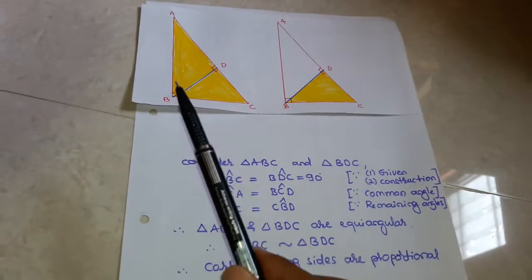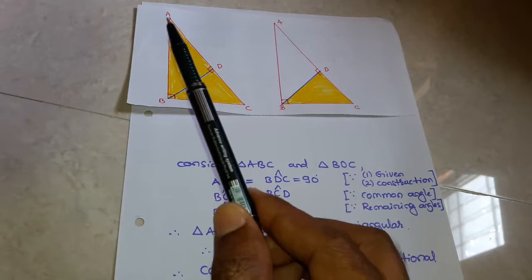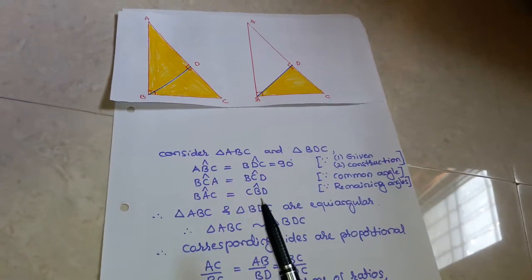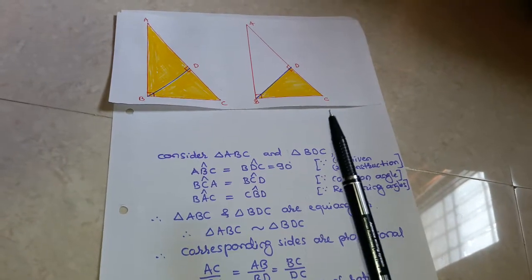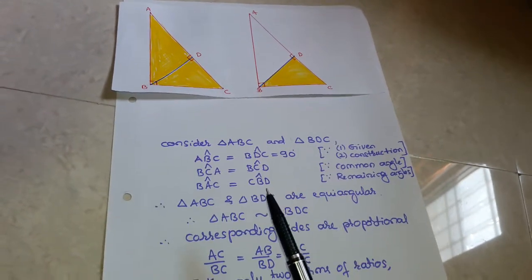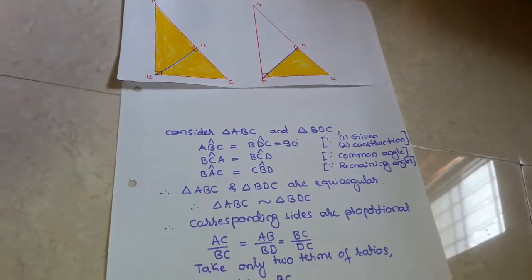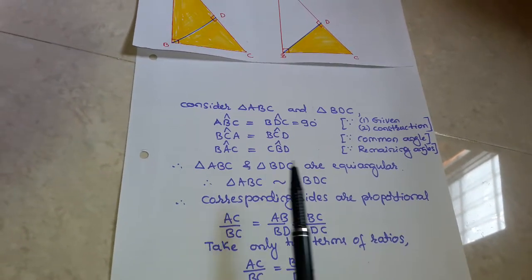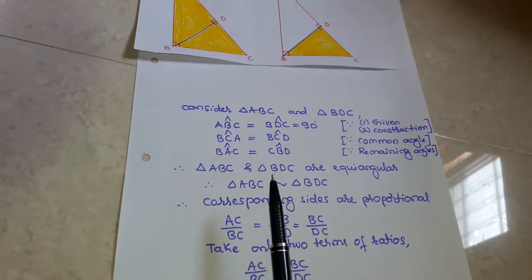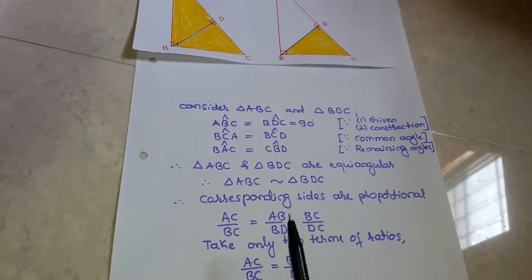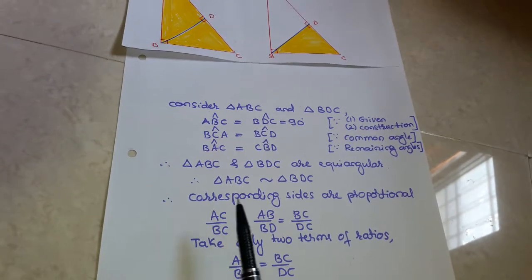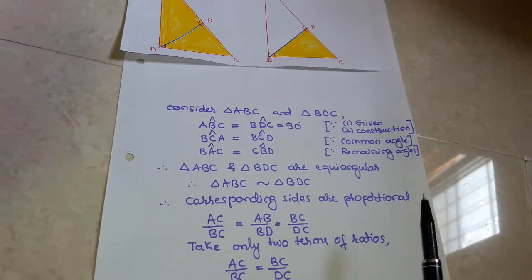So angle BAC of this big triangle is equal to angle CBD of the smaller triangle, because they are the remaining angles. So in this manner we announce that triangle ABC and triangle BDC are equiangular, therefore they are similar. Then corresponding sides are proportional.